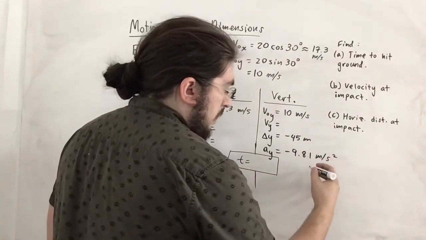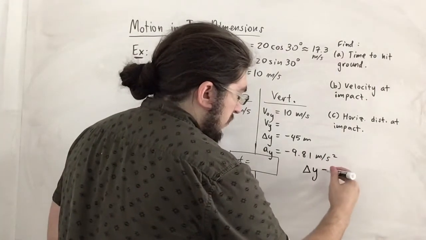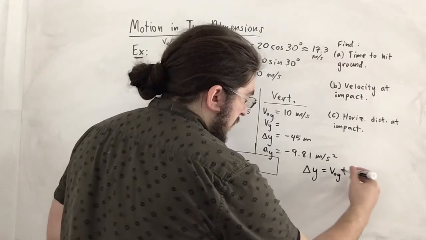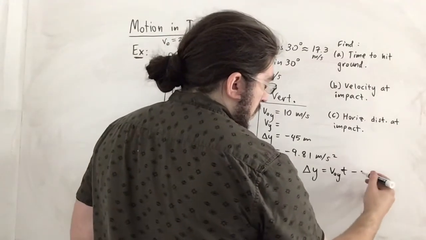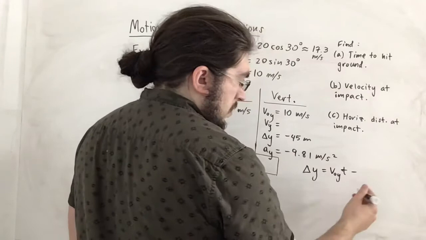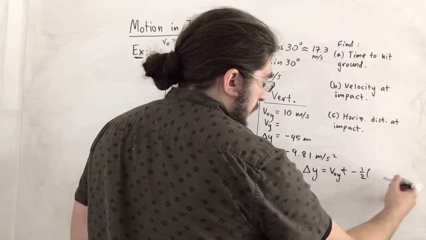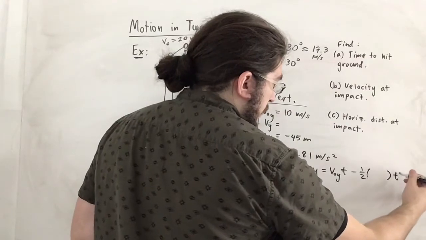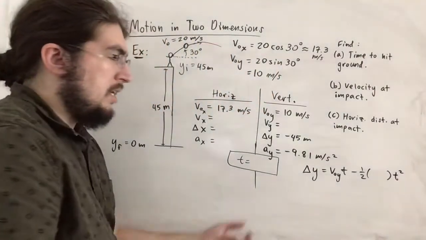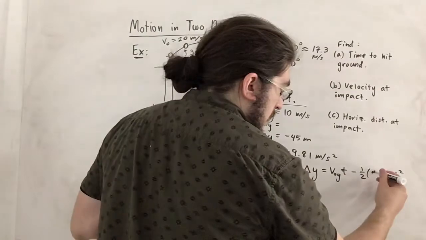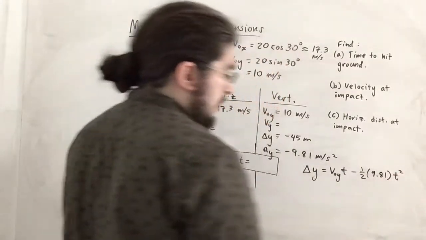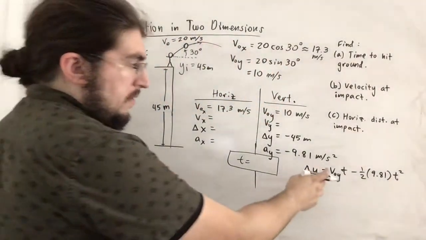So the third kinematic equation tells us that delta y is equal to v naught y t minus 1/2 g t squared. Now notice since g is 9.81, we get this. And we also know what v naught y is.